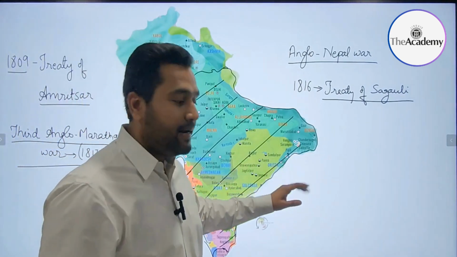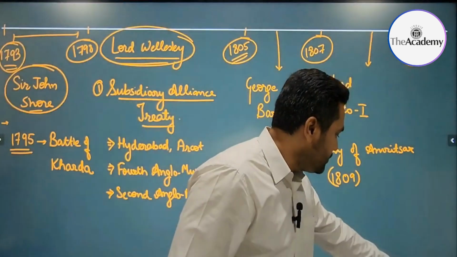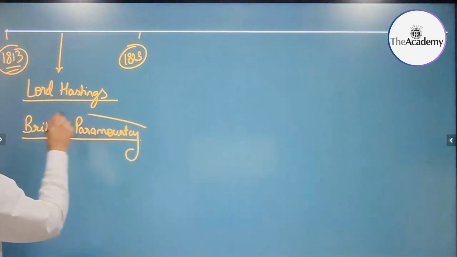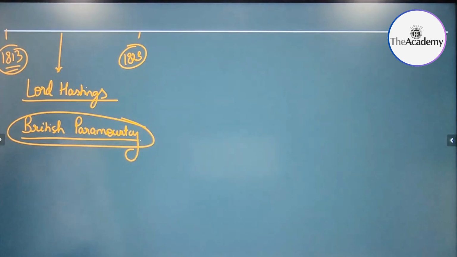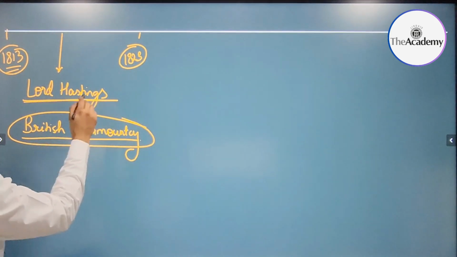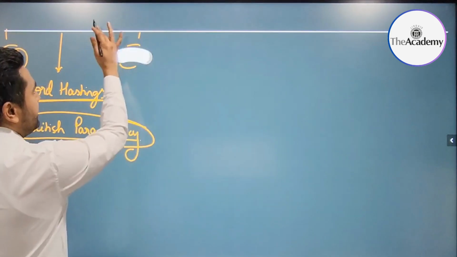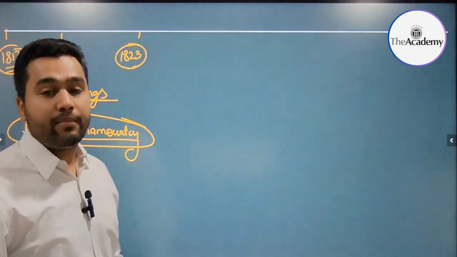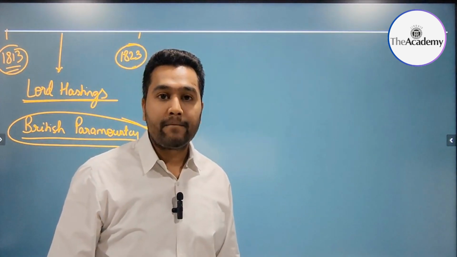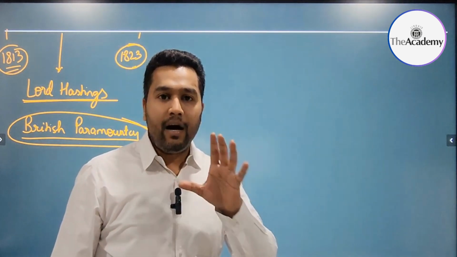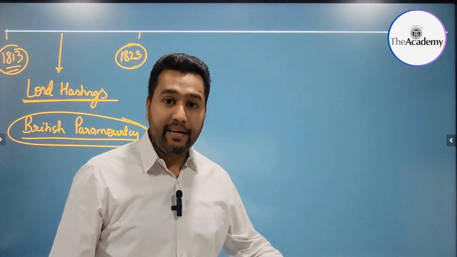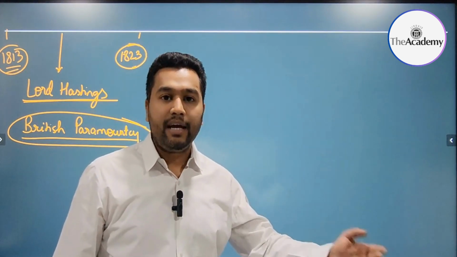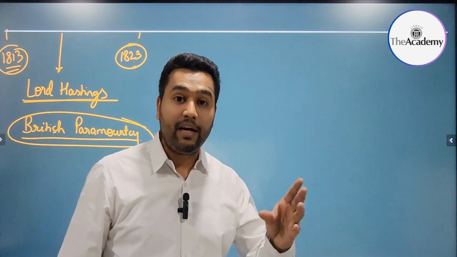So the Britishers had become the paramount power. And this is known as Paramountcy. Lord Hastings, when he left India in 1823, the Britishers were the paramount power. They controlled the entire Indian heartland, directly or indirectly. Directly via directly administered territories, and indirectly by imposing the subsidiary alliance.